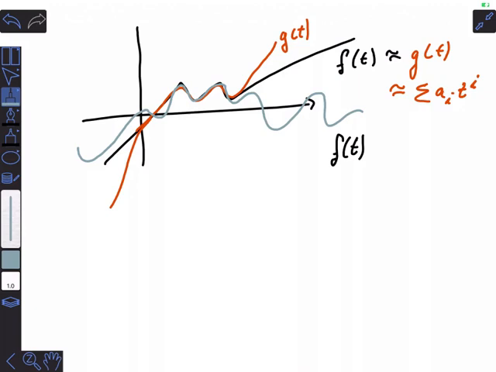And you can play the same game and say, let's call this h of t, and let's write it as some a's times sine of omega t plus b's times cos of omega t.